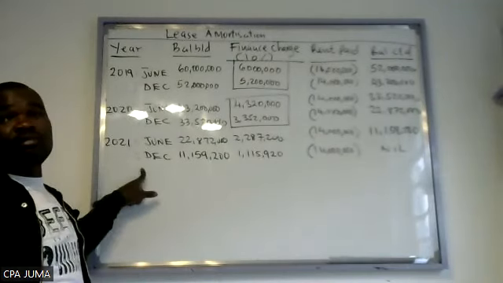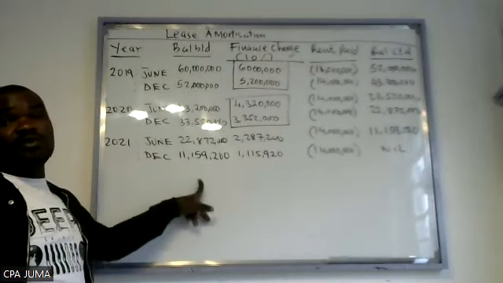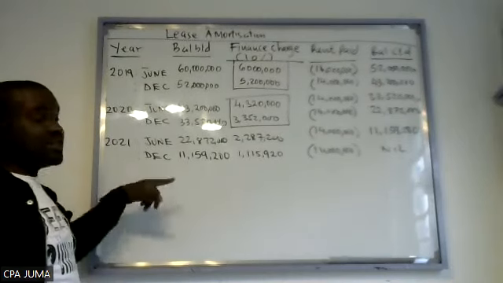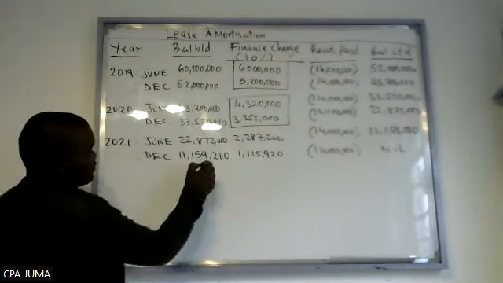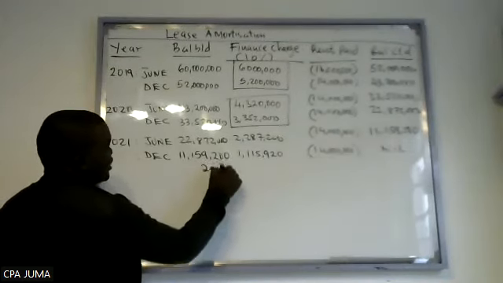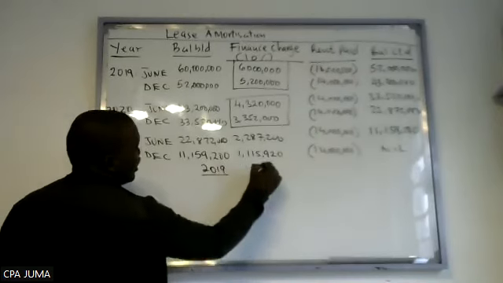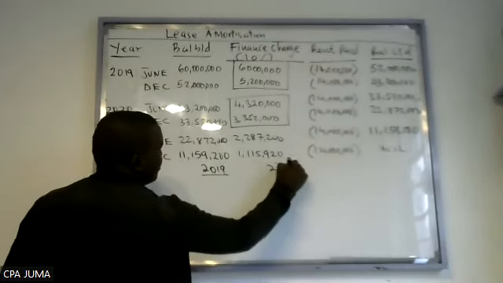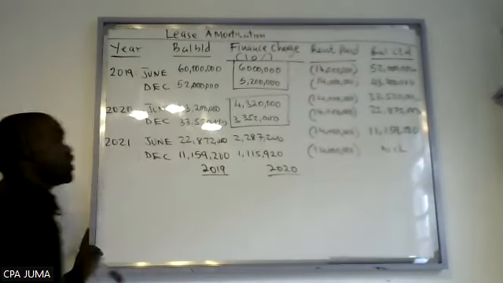So write JM, statement of financial position, extract, as at. So me, I'll start because I know it requires some space. So I'll just start 2019 and 2020. So write the heading, then we can start.